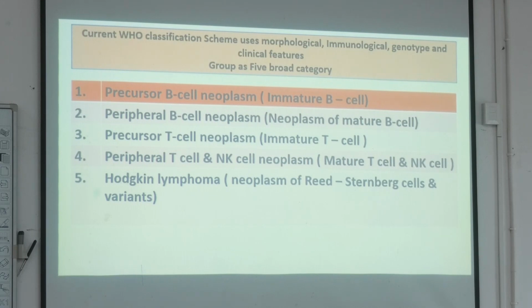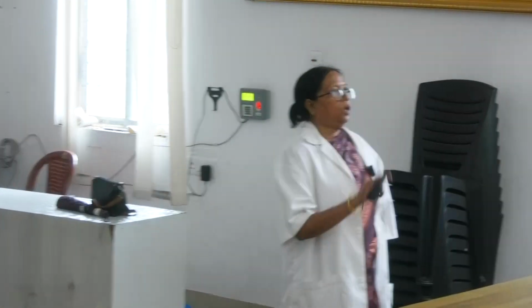Another is peripheral T cell, NK cell neoplasm, and the Hodgkin lymphoma. These are 5 groups: precursor B cell, mature B cell, precursor T cell, NK cell and mature T cell, and another is Hodgkin lymphoma. WHO has categorized them so you can remember easily.